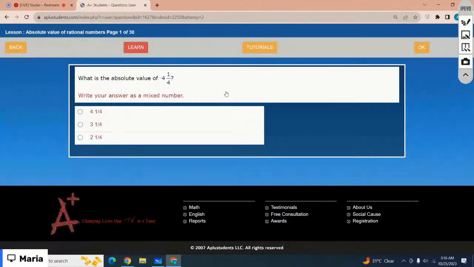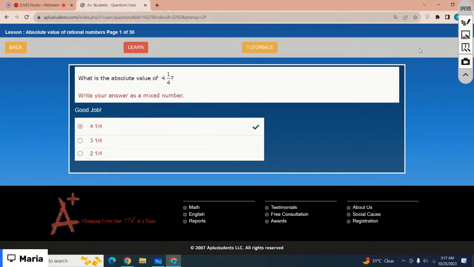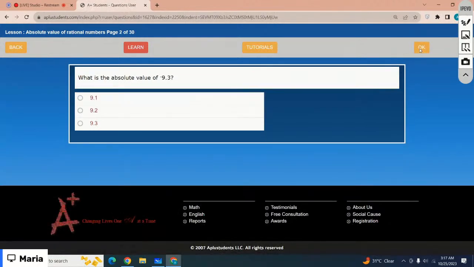What is the absolute value of negative 4 whole 1 over 4? Which is the correct option? That is option number 1. The value is exactly the same, but positive, that is 4 whole 1 over 4. What is the absolute value of negative 9.3?